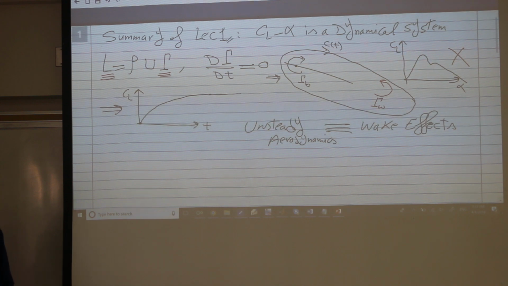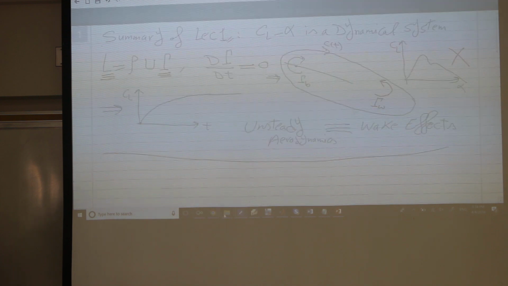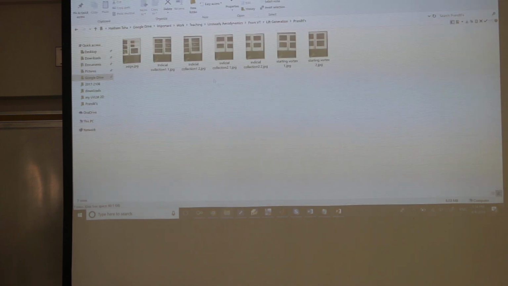You're trying to cheat or make things work, but you don't account for the essential physics. So this was the summary of the first lecture. Any question about that? And I'll show you some interesting pictures from Prandtl's water channel early on.